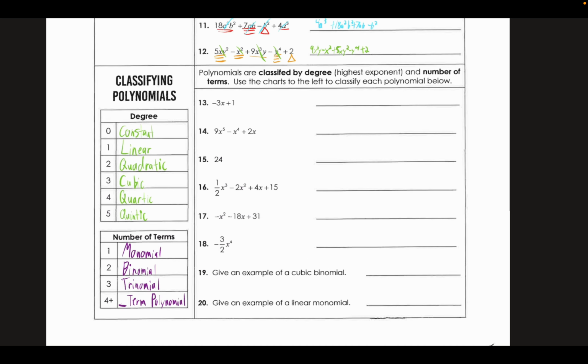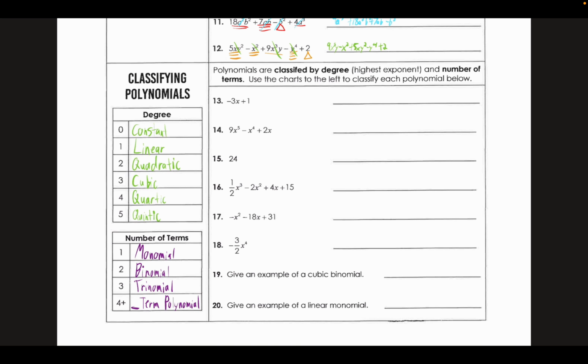So up here for 13 through 18, we're supposed to be classifying these by what degree they have, as well as how many terms they have. So one from this category, and one from this category. And you should be looking to see if there's anything you can combine for like terms during these, because that would change the number of terms that we have.